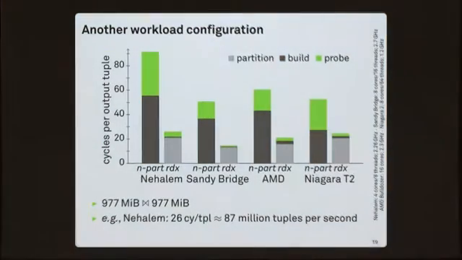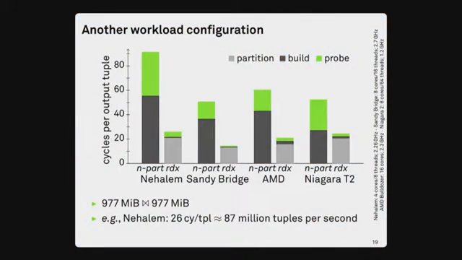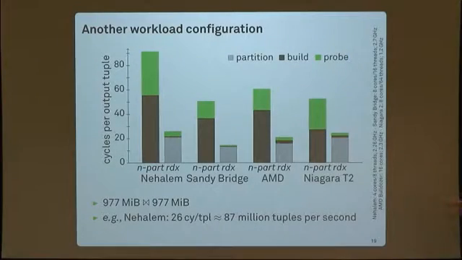Now, once you go to a different workload, the workload that has earlier been used in the literature, all of a sudden the game changes quite a bit. These are two equal-sized relations, and there the hardware-conscious implementation clearly has an edge over the hardware-oblivious implementation.